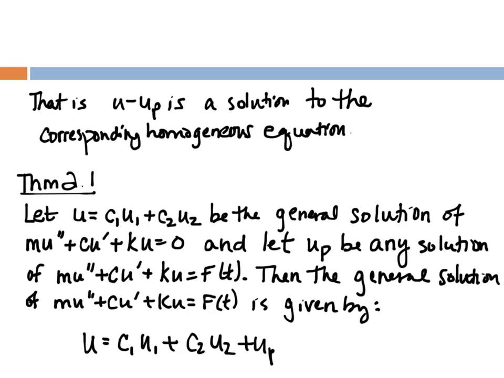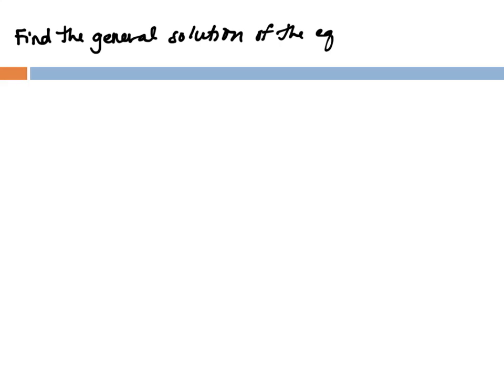All right, so let's take a look at the first example. The directions say the following. Find the general solution of the equation given a particular solution u sub p.